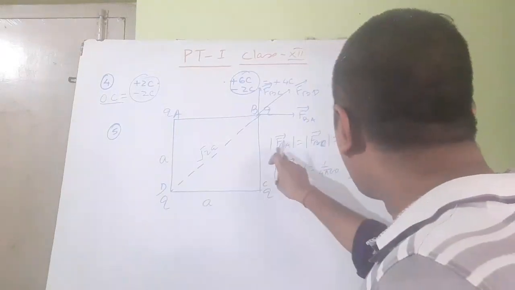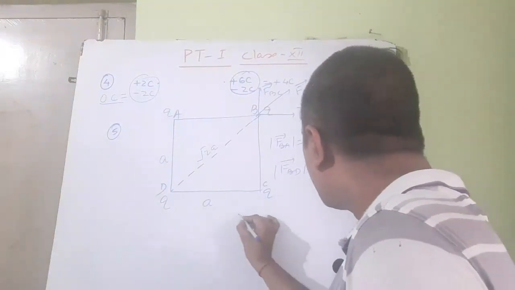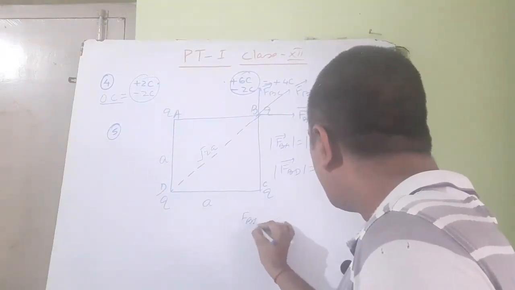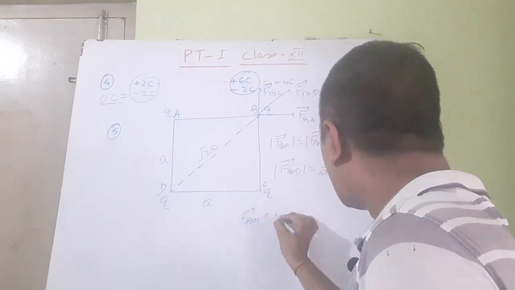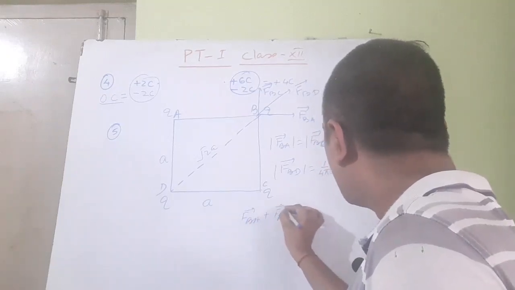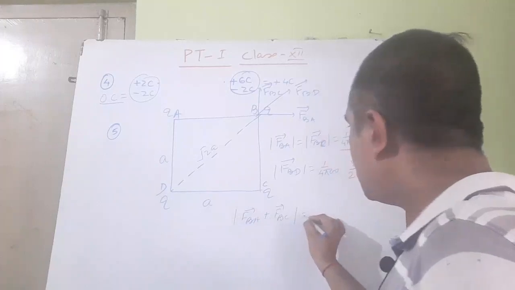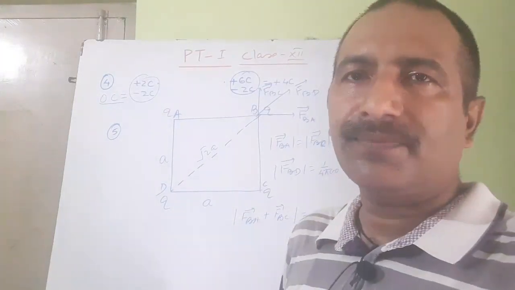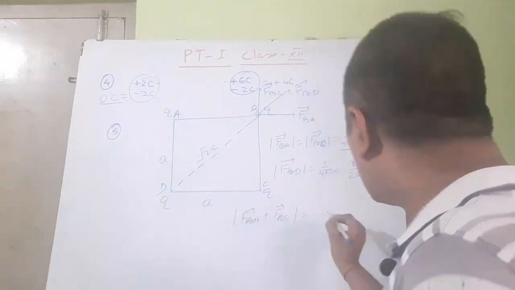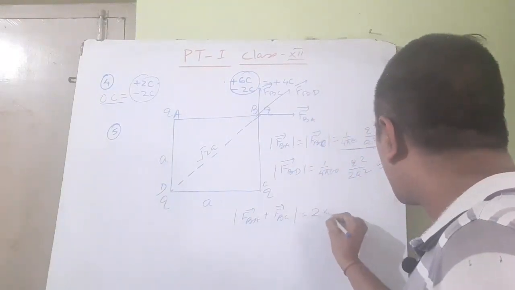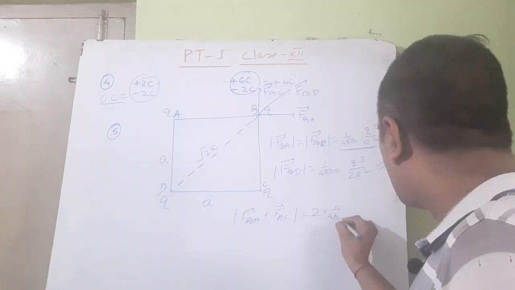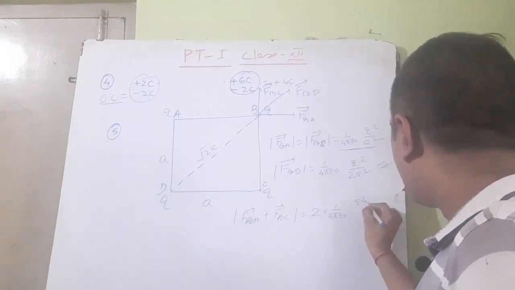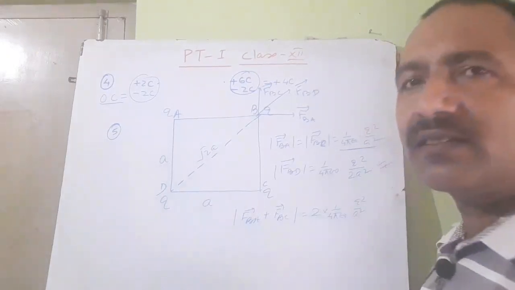So at first we find the resultant of these two, FBA plus FBC. When two forces are equal in magnitude, their resultant is 2 times either of the forces, 1 by 4 pi epsilon naught Q square by A square, times cos theta by 2.